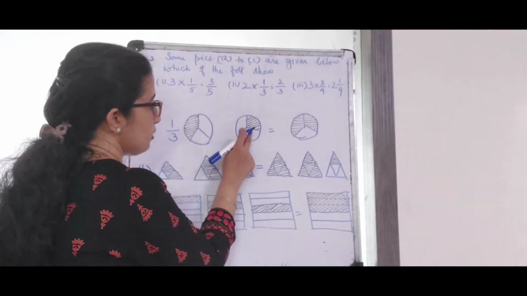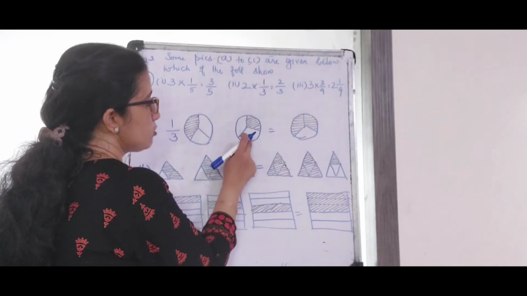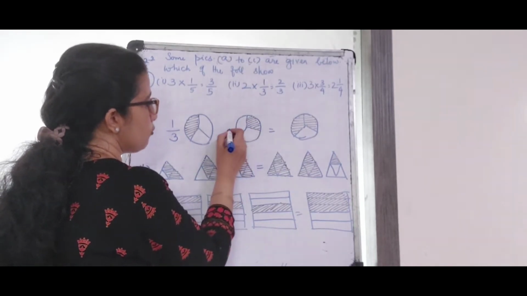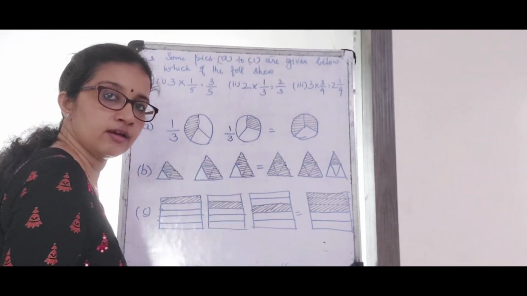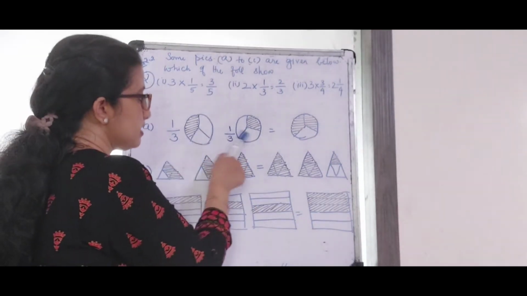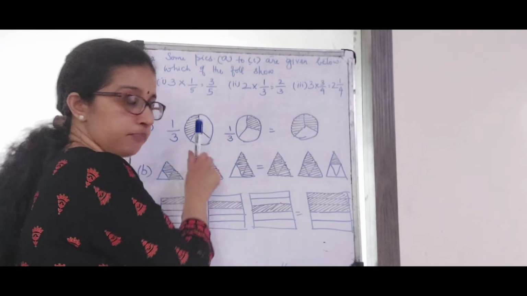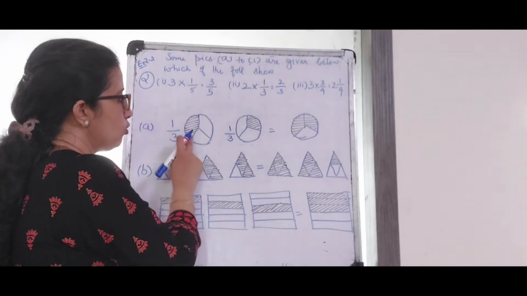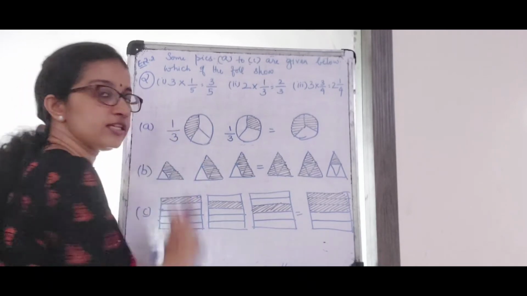Similarly, what is the second one? Second one also very similar. 3 parts, out of which 1 is shaded. So 2 circles in this side of the equation, and each has been divided into 3 parts out of which 1 is shaded.